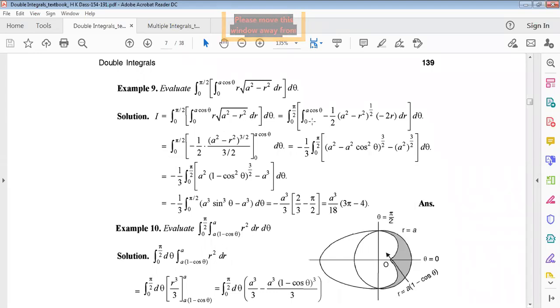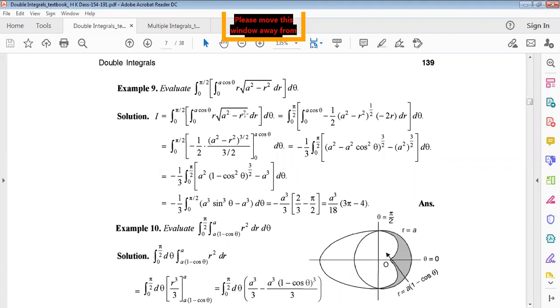Now with respect to r, this will be the UV process, right? The square root of a square minus r square can be written as a square minus r square whole to the power half, and this is u.